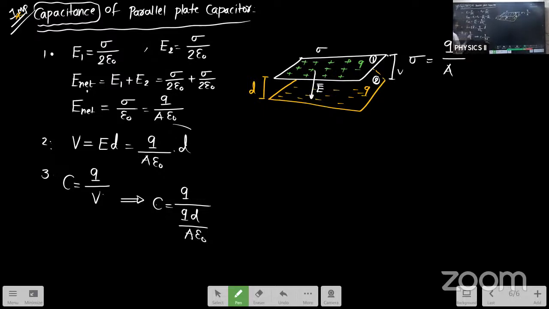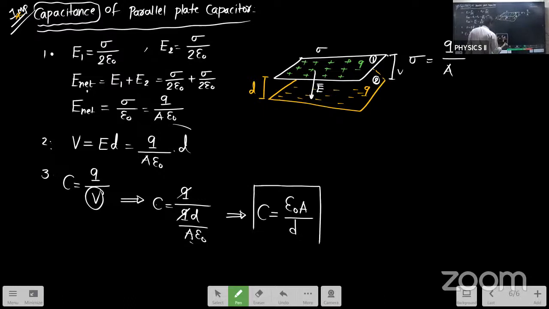We are just substituting the value of V here. So this Q and this Q will get cancelled. Finally, the expression for capacitance of parallel plate capacitor is C is equals to, A epsilon naught will go to the numerator, epsilon naught into A divided by D. So this is the expression for capacitance of parallel plate capacitor.